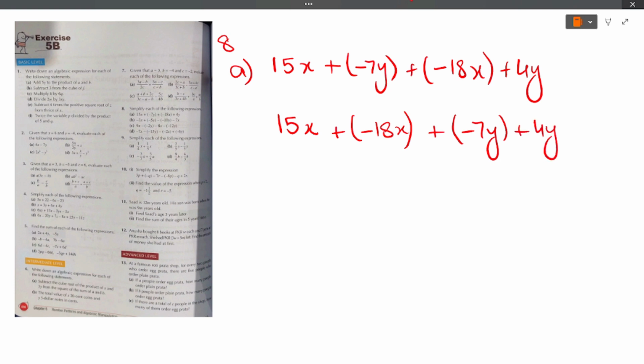Understood? So I'm going to write again 15x plus minus 18x plus minus 7y and plus 4y.